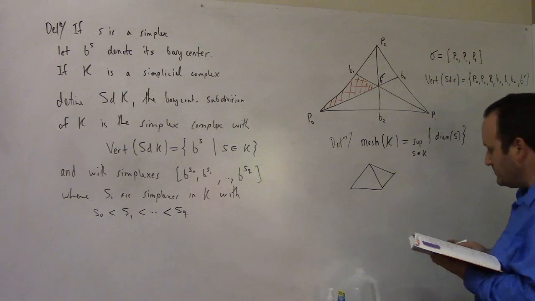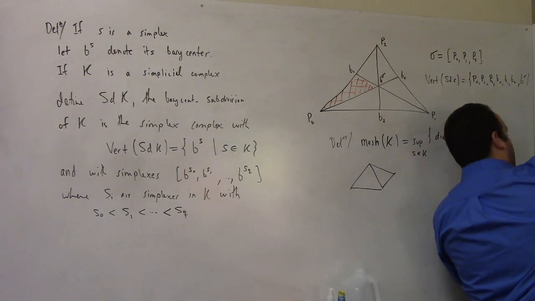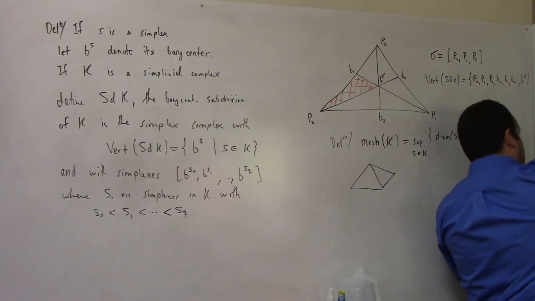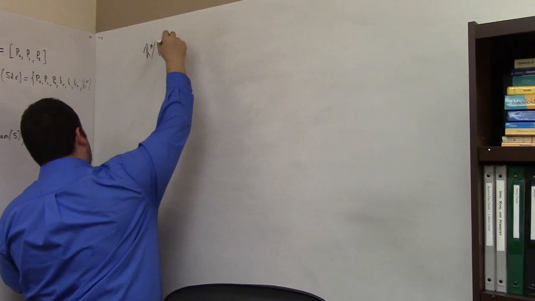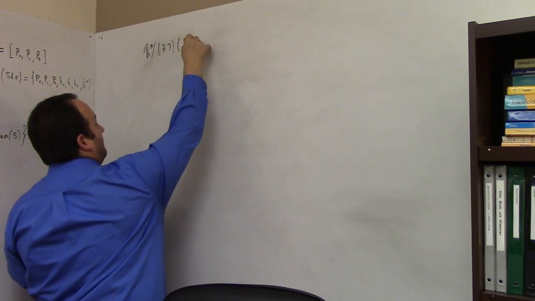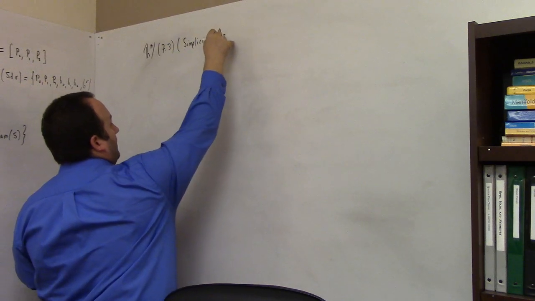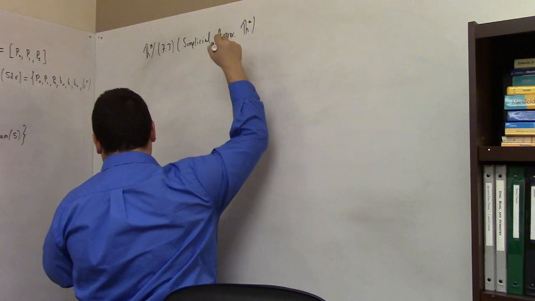So then the theorem. Theorem 7.3. This is the simplicial approximation theorem. What's it say?